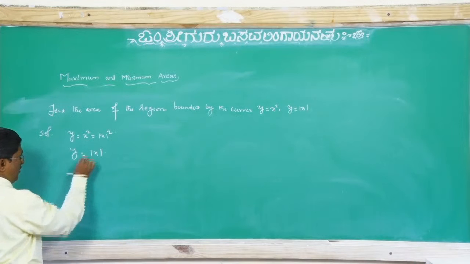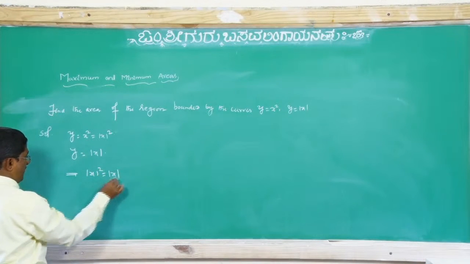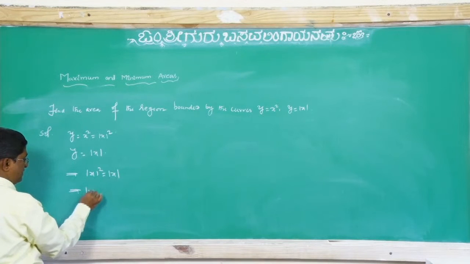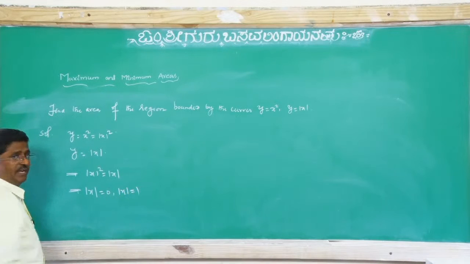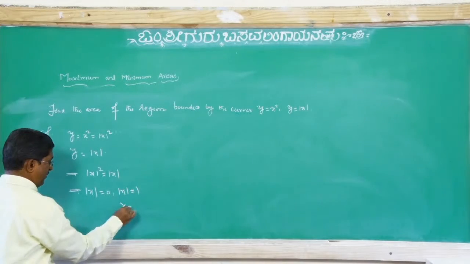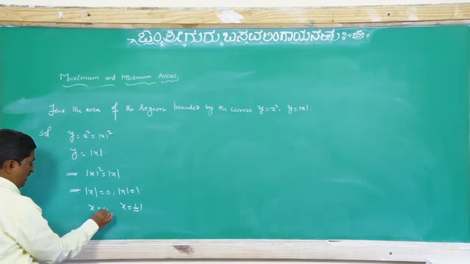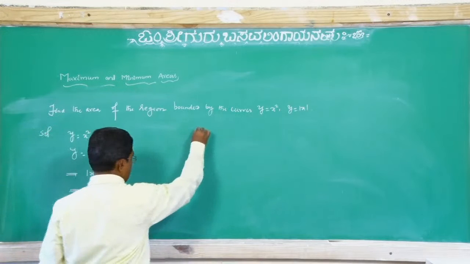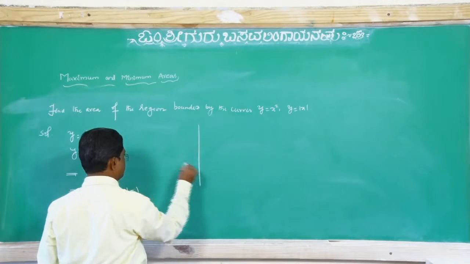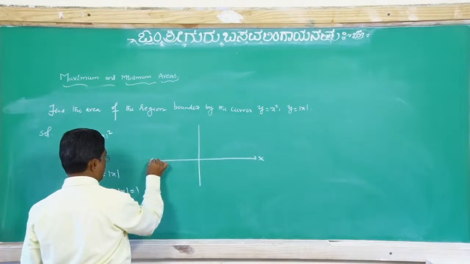So, now I write, solving the equation: (mod x) whole square equal to modulus of x implies mod x is equal to 0 or mod x is equal to 1. x is equal to, we can write, plus or minus 1. Here x is equal to 0 also. Now, location of the graph is essential. All of you?